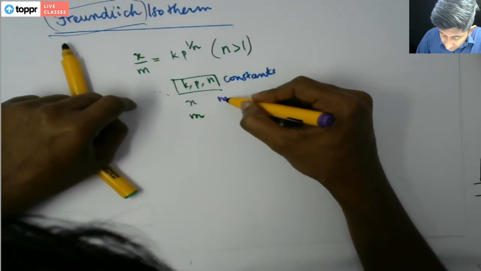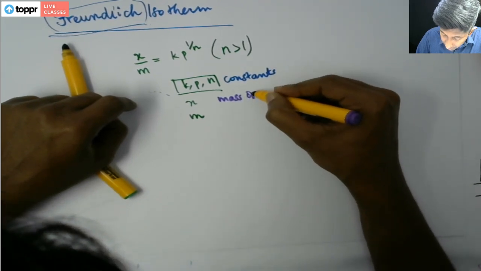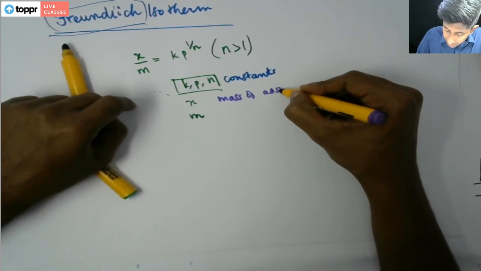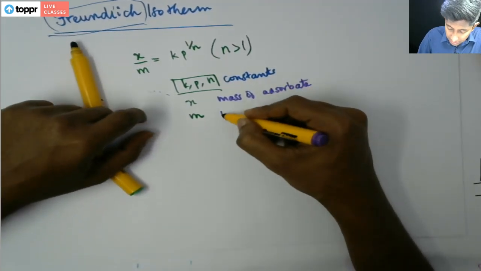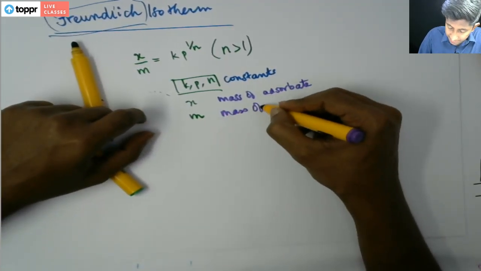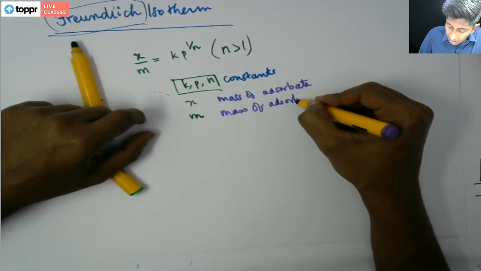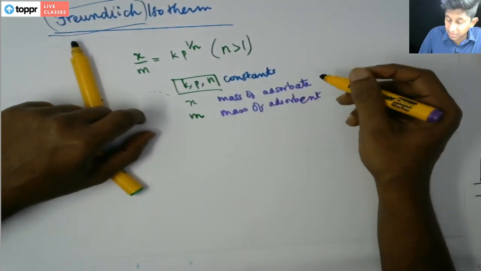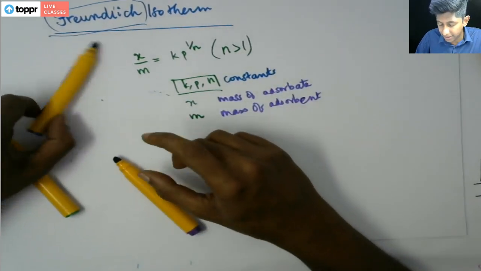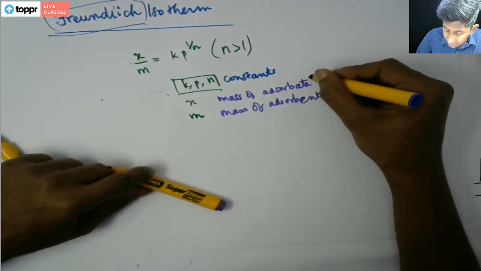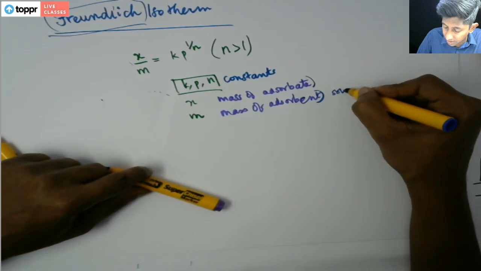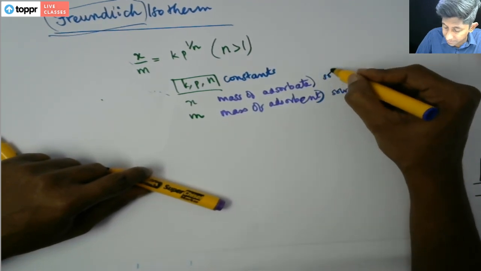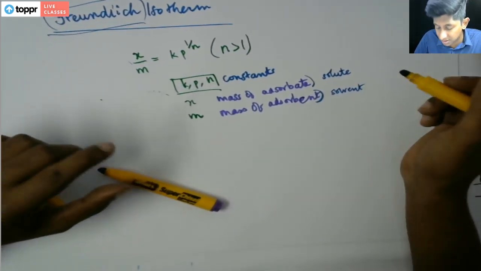This is the mass of adsorbate, and this one, m, is the mass of adsorbent. You can remember this similar to solute and solvent, wherein one ends with TE and the other ends with ENT. Very similar, just keep it in mind.